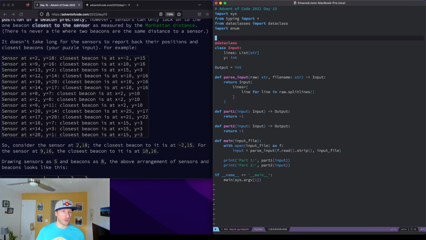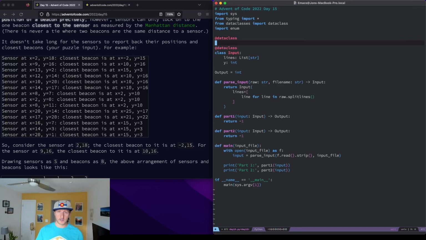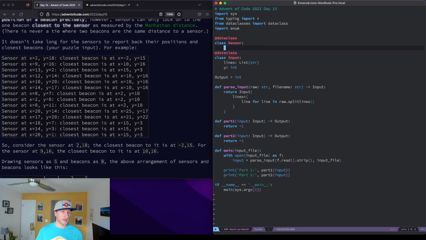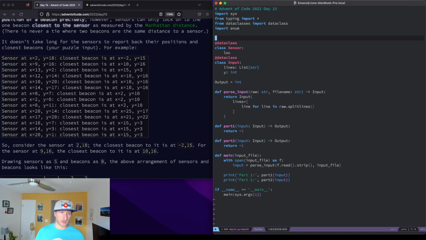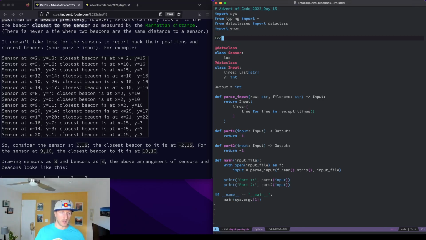So we're going to do a sensor data class. The sensor has a location. We're going to do a tuple of ints. Can you have labeled tuples? I just wonder.